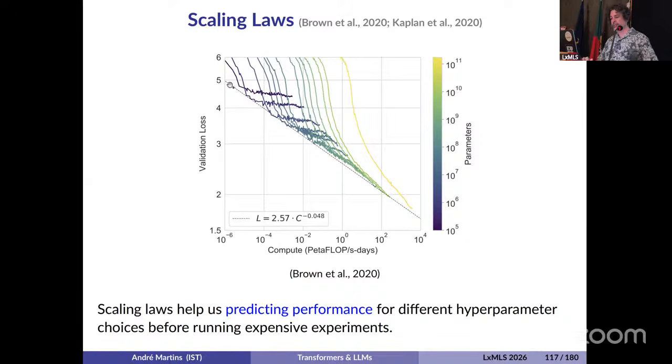But if you look at the frontier of those losses, things seem to align as a straight line. So you can actually try to solve a linear regression problem to anticipate what your validation loss is going to be as you increase the size of the model.